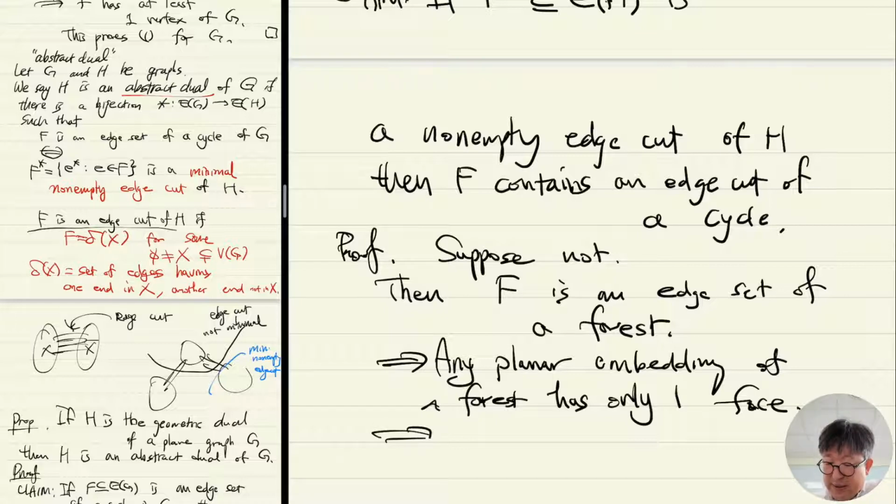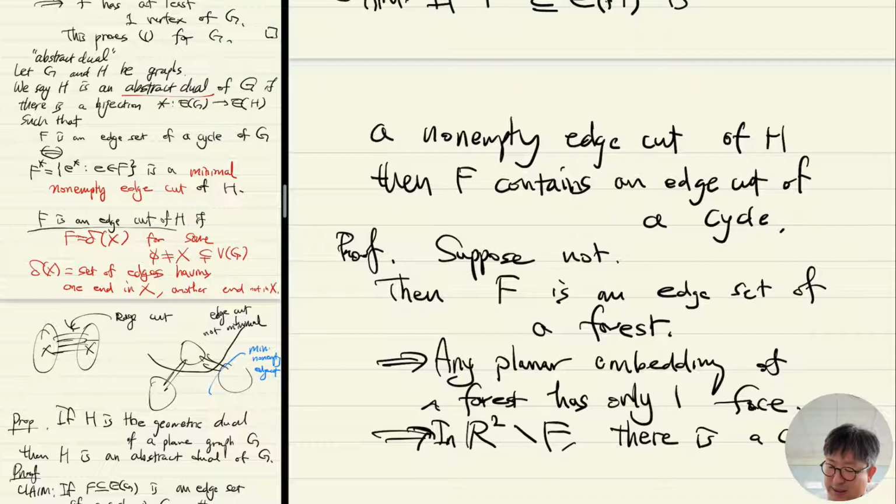So what does that mean? That means there is a curve in R2 minus F connecting any two vertices of H.